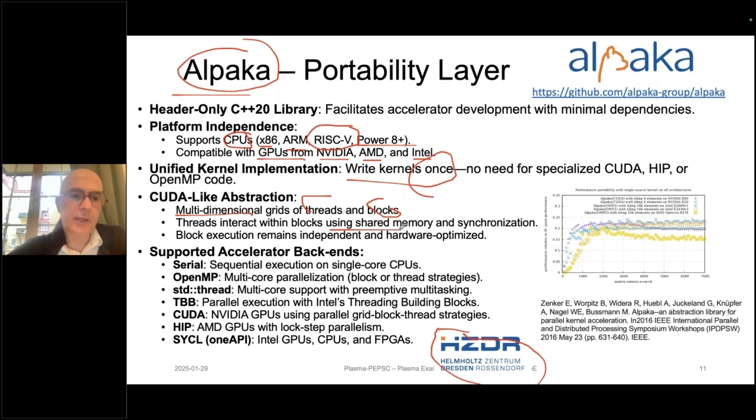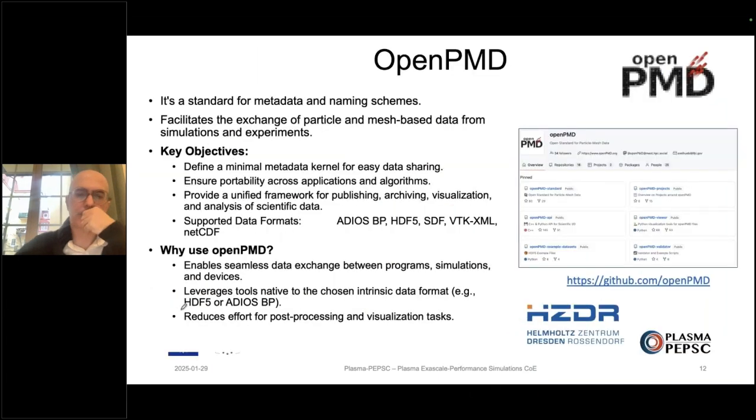And as I said, the very strength of Alpaka is that you just write your code, your kernel, once, and then you support a wide range of different backends, from CUDA, HIP, and SYCL for three different kinds of GPU architecture from three different vendors. But also for the CPU part, they provide task-based backends for the CPU to increase the utilization.